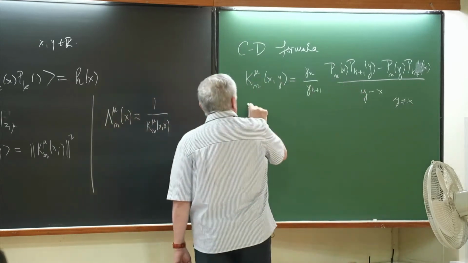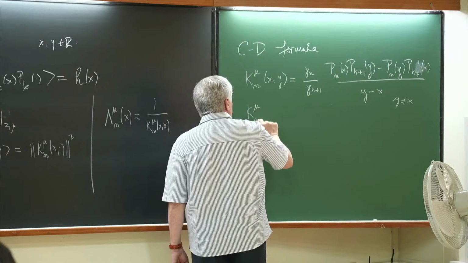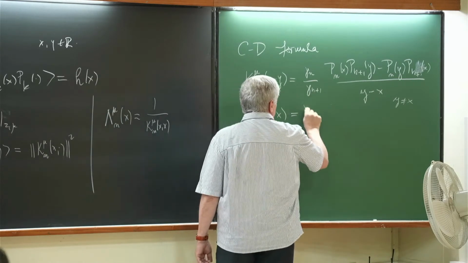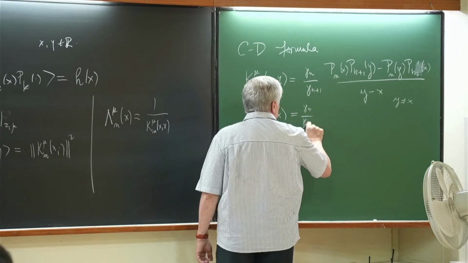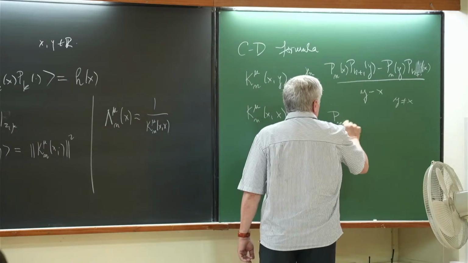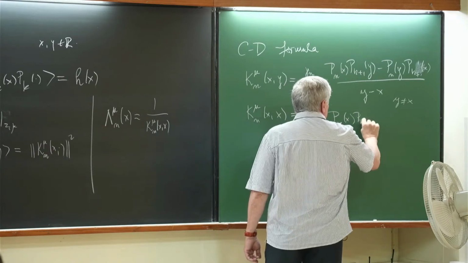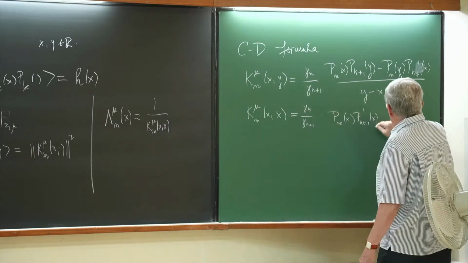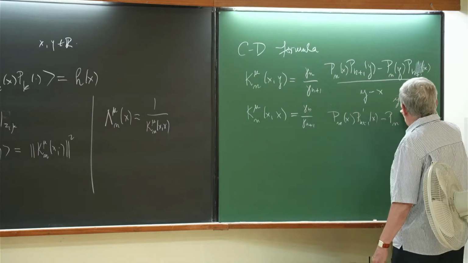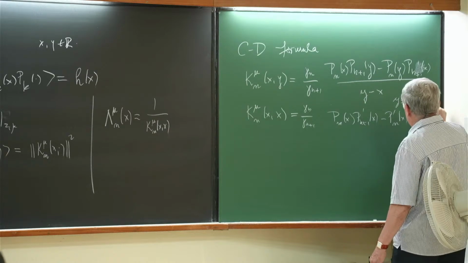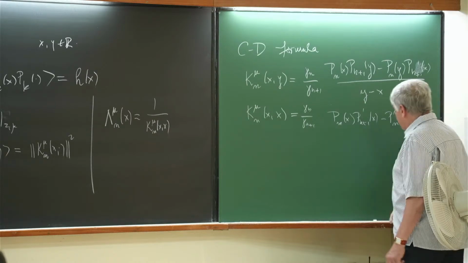to x, the inverse of the Christoffel function will be precisely P_n(x) P_{n+1}'(x) minus P_n'(x) P_{n+1}(x), something like this.